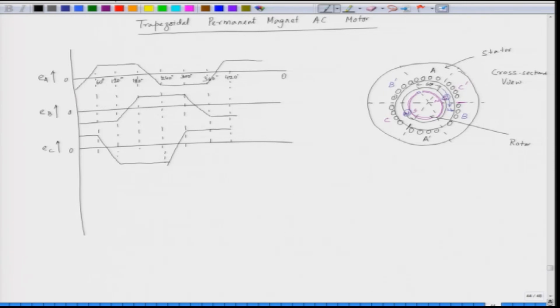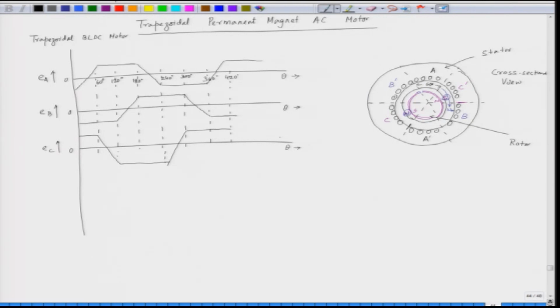This is the angle theta, which is the rotor angle. We are plotting this induced EMF against the rotor angle theta. Now, this is also known as a trapezoidal BLDC motor, because the induced EMFs are trapezoidal in nature here.